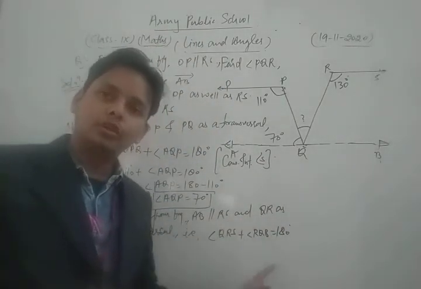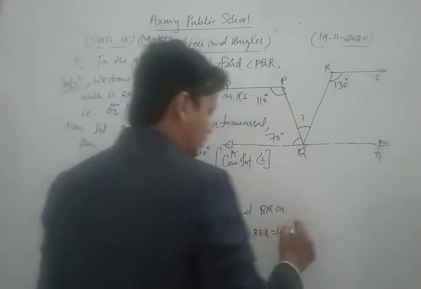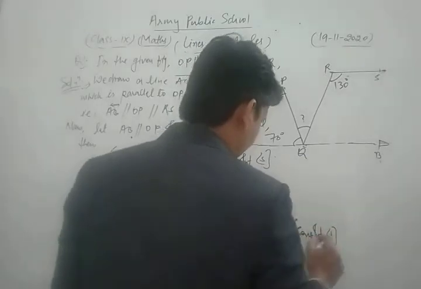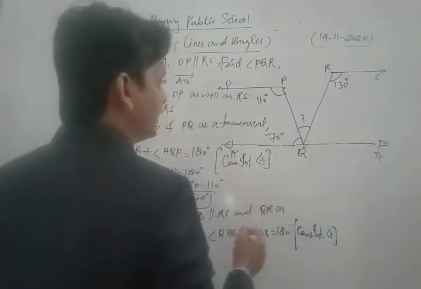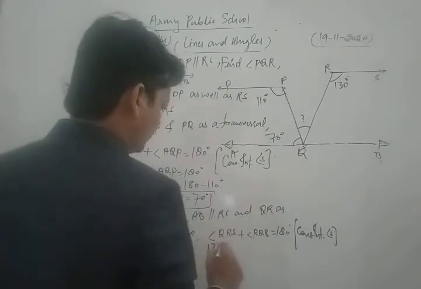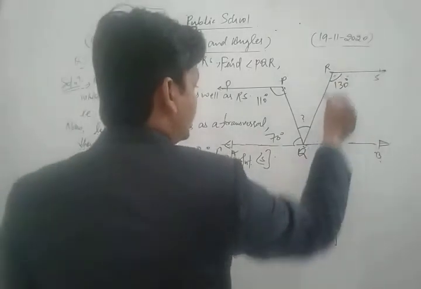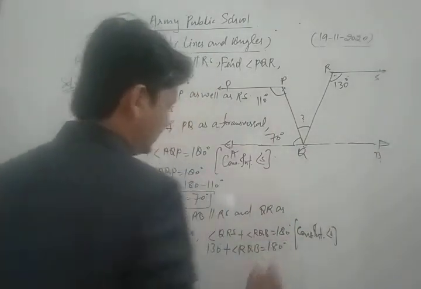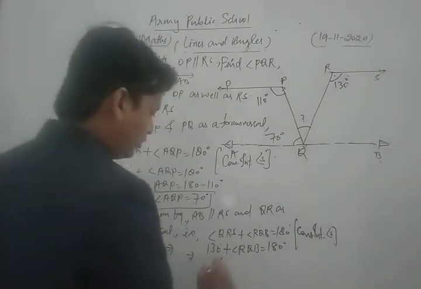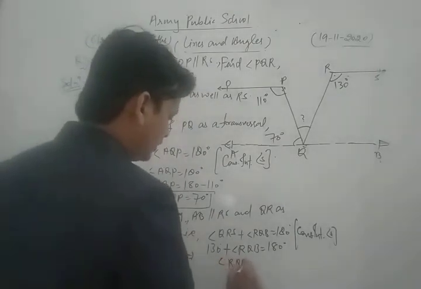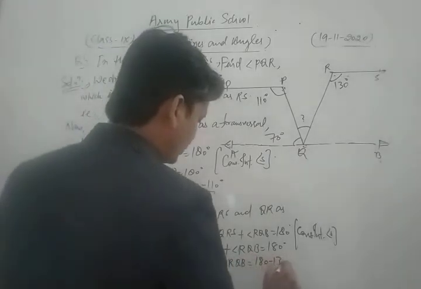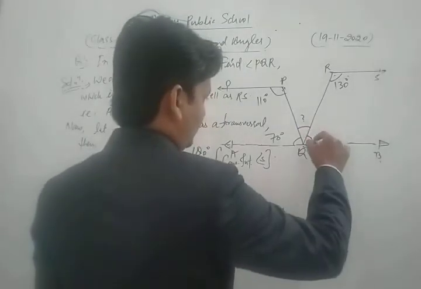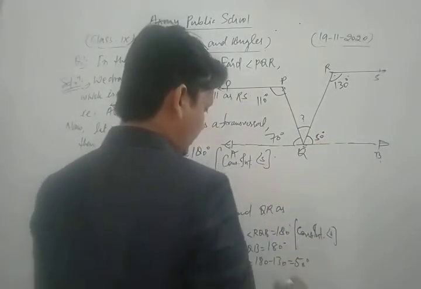Because these are also consecutive interior angles. So we put angle QRS equal to 130. Here we put 130 plus angle RQB is equal to 180 degree. So the value of angle RQB is equal to 180 minus 130, that is 50 degree.